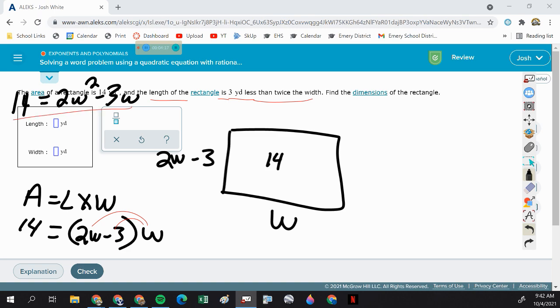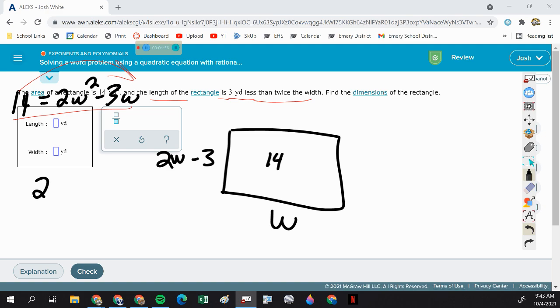What should I do with this equation? 14 equals 2W squared minus 3W. I need to set it up as a quadratic so that I can factor it, which means I need to move that to the other side. 2W squared minus 3W minus 14. Set it up in the box.